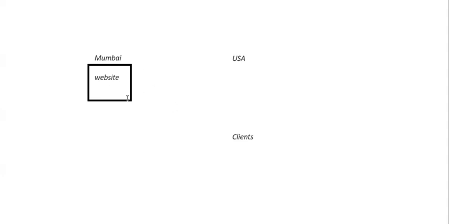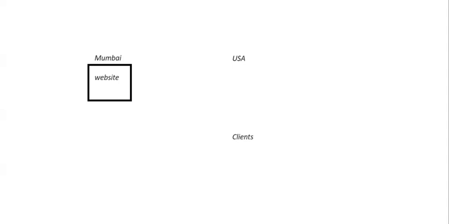So now what is my task? As an architect, I want to provide a low latency website to my users. How can I overcome this issue? I can overcome this issue by providing servers in the USA region also.